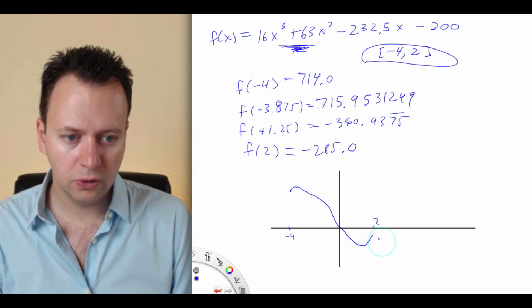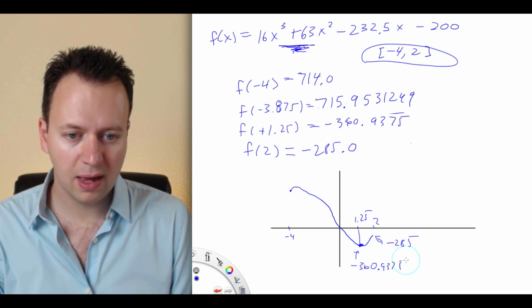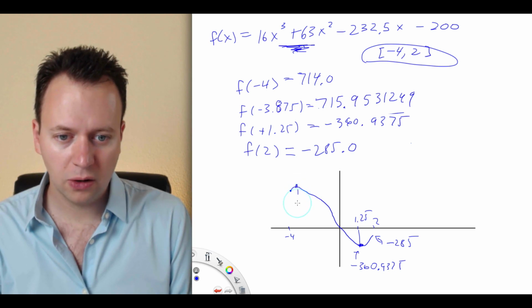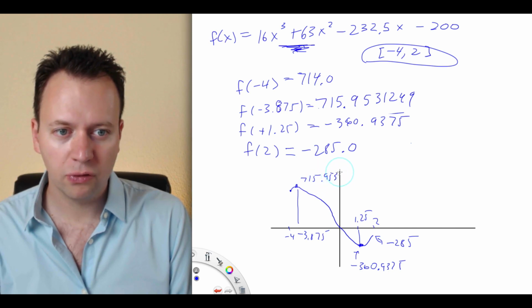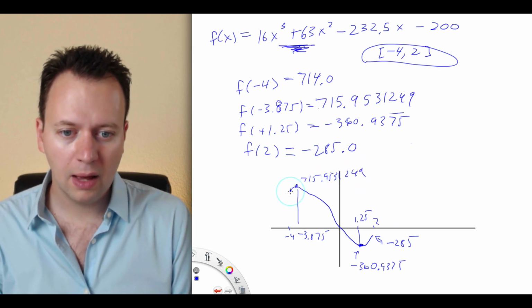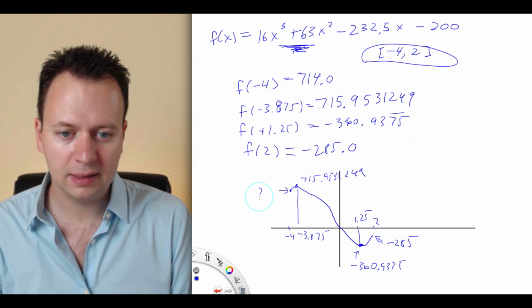So at 2 we have an output of negative 285. At 1.25 we have our minimum, which is negative 360.9375. Our maximum is right here at negative 3.875, and the maximum is 715.953125, and we have a local minimum right there at 714.